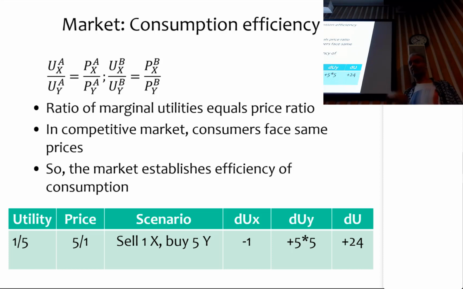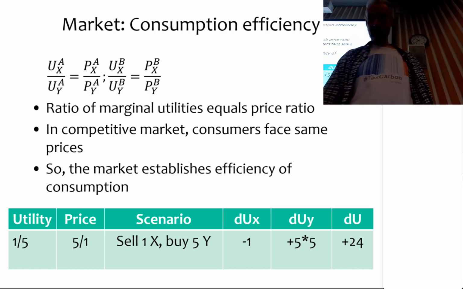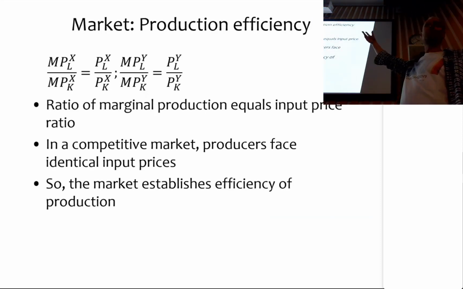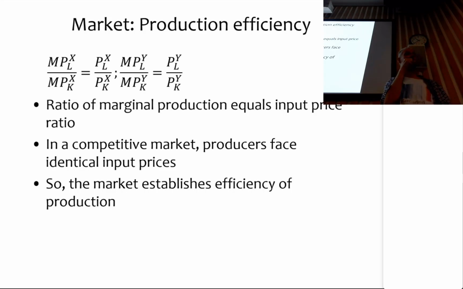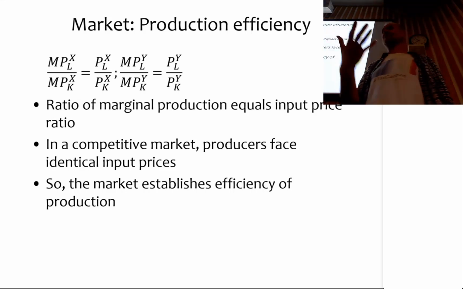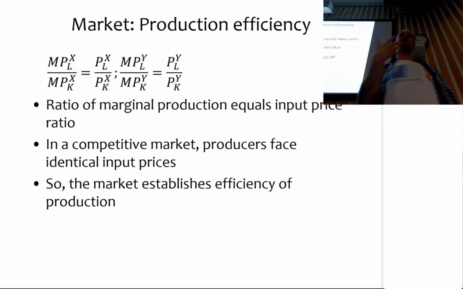And you could do the same thing with production efficiency. The marginal productivity should equal the ratio of the input prices. And again, in a perfect market, producers face the same labor costs, face the same borrowing costs, right?